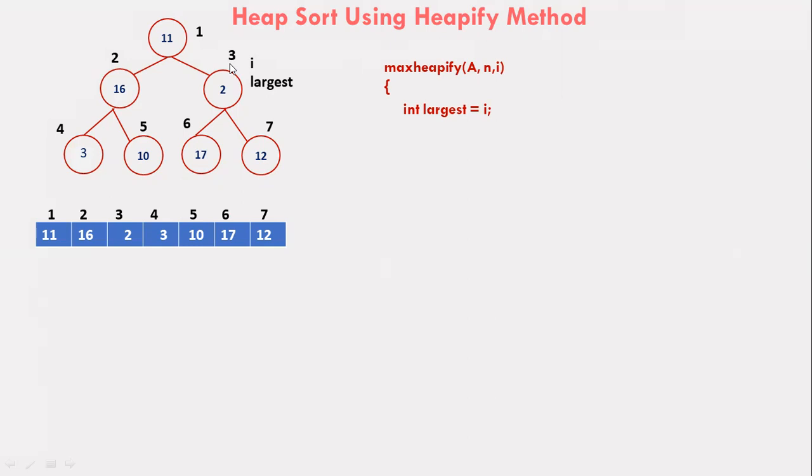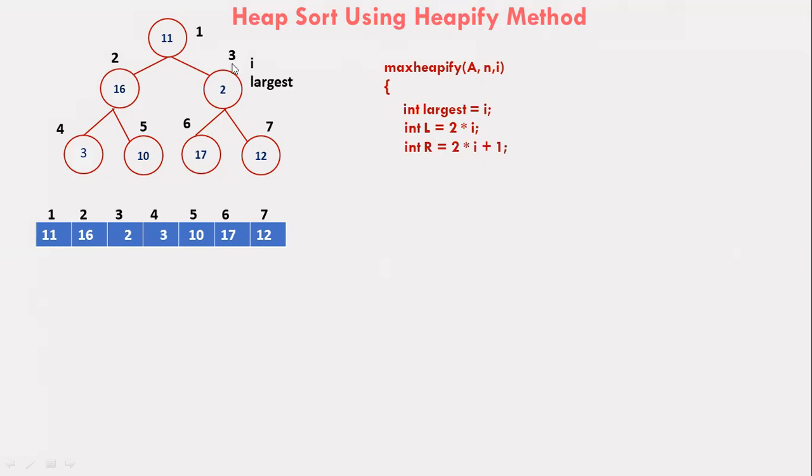Now we have to find out the left and right child of this particular index value 3. That is, for node 2, we have to find the left index and right index. So let us denote the left child index value with L and the right child index value with R. L is given by the formula 2 into I, and R is given by 2 into I plus 1.